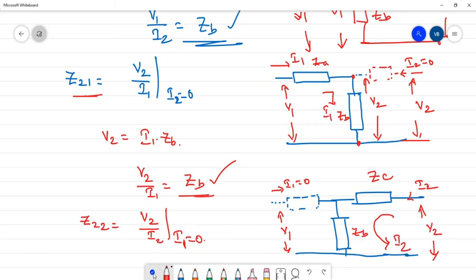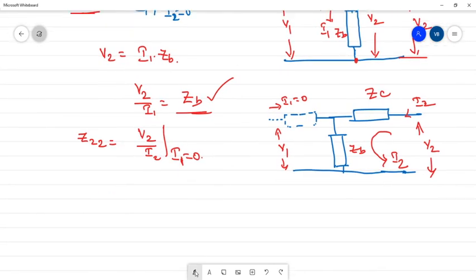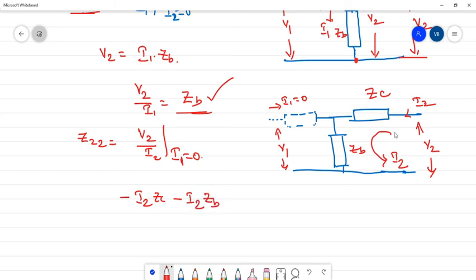So what we need to calculate is V2 by I2. You can apply KVL there. When you apply KVL, the passive element should be negative. That is I2 into ZC minus I2 into ZB, and here this is positive, negative, current is entering at the negative side, so plus V2 equals 0.